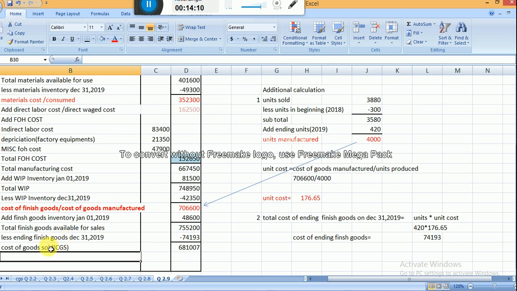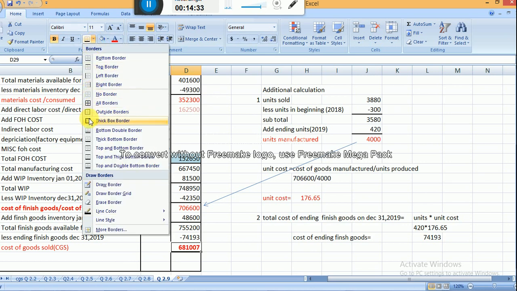So the cost of goods sold is 6,81,007 dollars. This is our CGS, the third requirement.